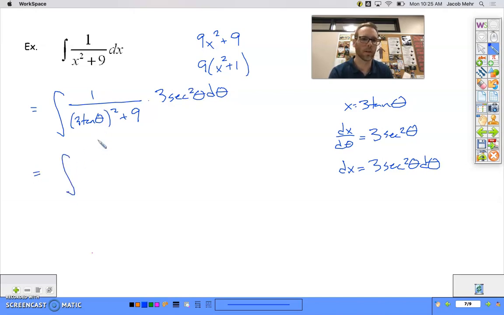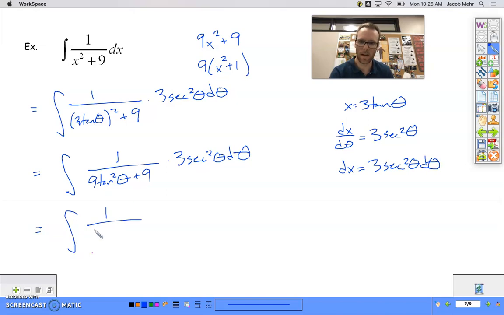You guys are going to get really good at this substitution using your identity and simplifying process, and probably just do this in 1 or 2 steps. I'm writing them all out. This is 1 over 9 tangent squared of theta plus 9. Let's factor out the 9.